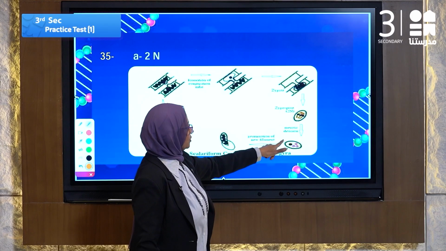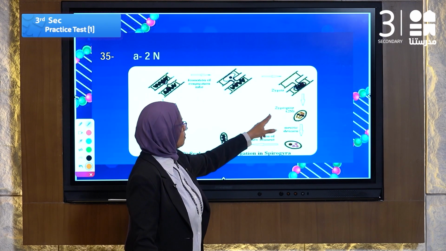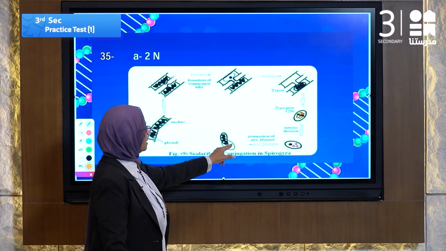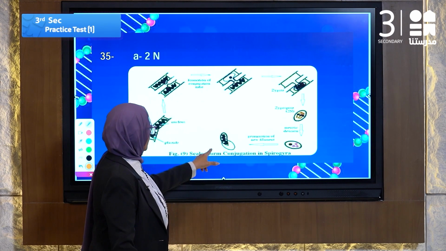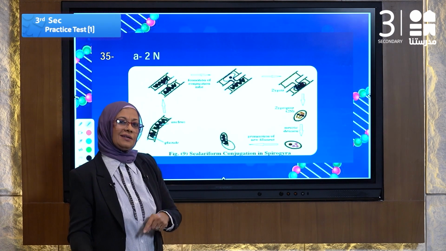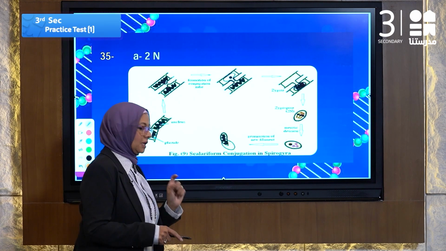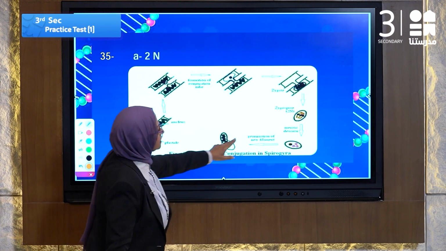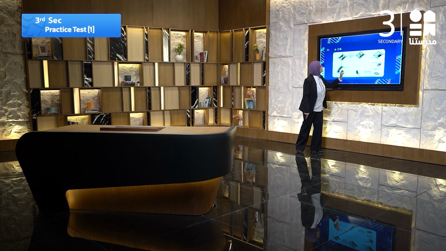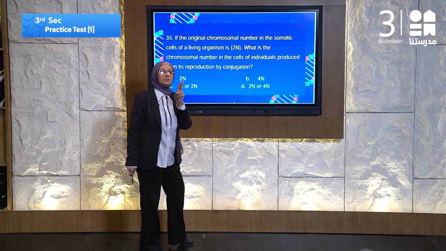Meiotic division inside the zygospore forms the 2n into n, n, n, n, giving new filaments with n. So the two Spirogyra filaments each have n, and when they conjugate it will form 2n. Okay, the answer is 2n. Yes, 35 means 2n, because they are conjugated to each other.